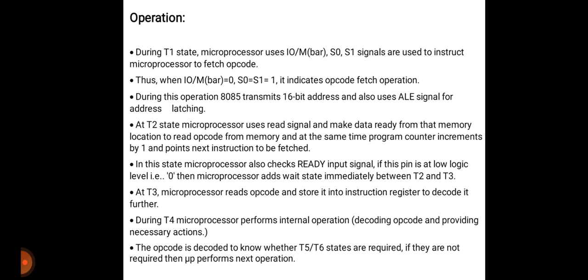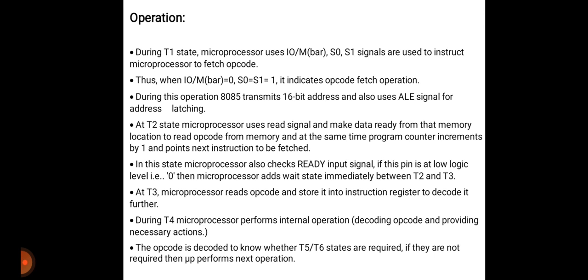At the T3 state, the microprocessor reads the opcode and stores it into the instruction register to decode it further. Then in the T4 state, the microprocessor performs internal operations like decoding the opcode and providing necessary actions.